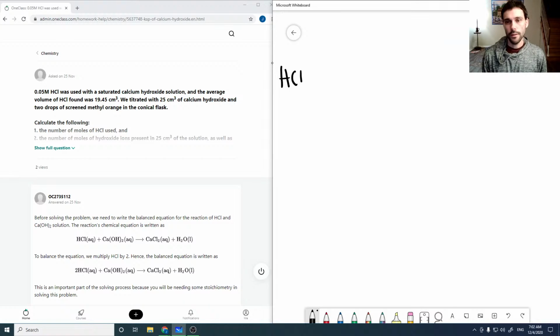So HCl is a strong acid, meaning we get essentially complete dissociation into H3O plus and Cl minus. And calcium hydroxide is a strong base, meaning we get effectively complete dissociation into its constituents as well.